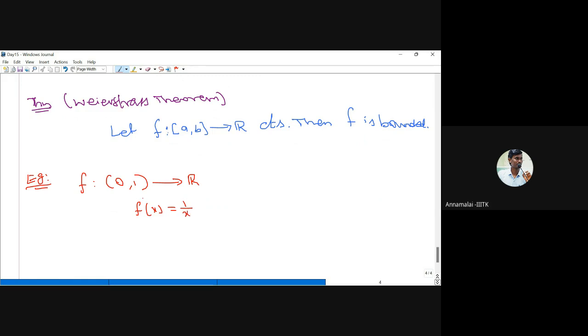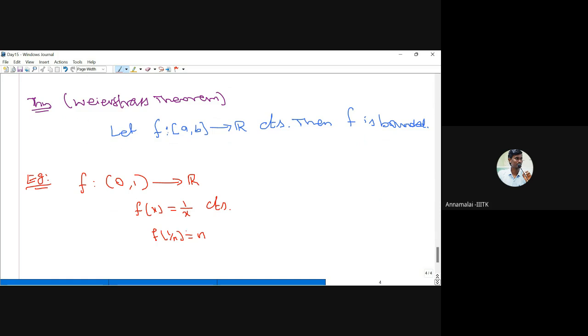Since x never takes 0 because we take the open interval, this is a continuous function. Clearly this is continuous, but this is unbounded. Why? In particular, in (0, 1) we have 1 by n. So all the 1 by n lie in this interval, right? What is f of 1 by n? 1 by 1 by n is nothing but n.